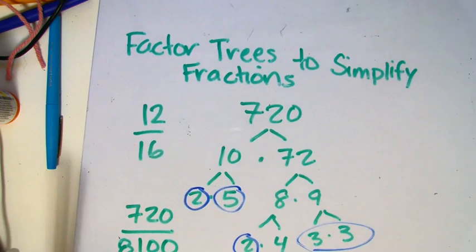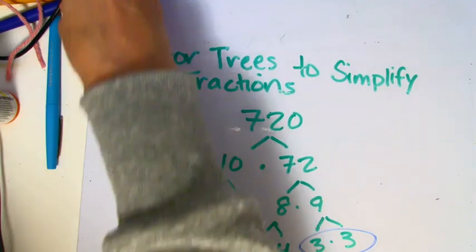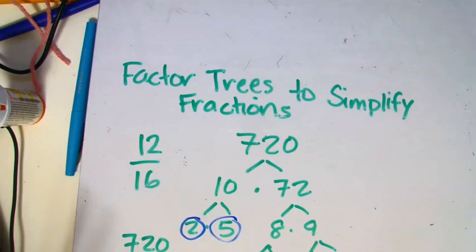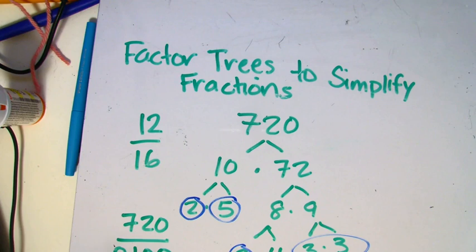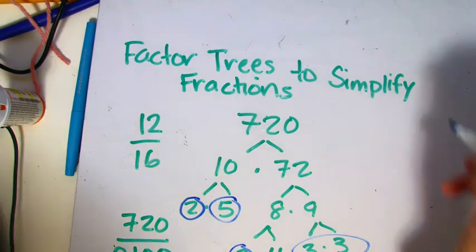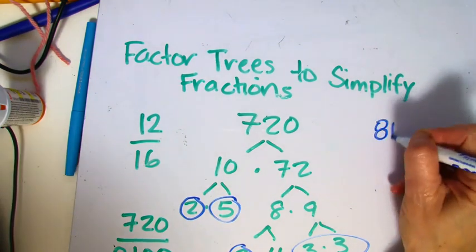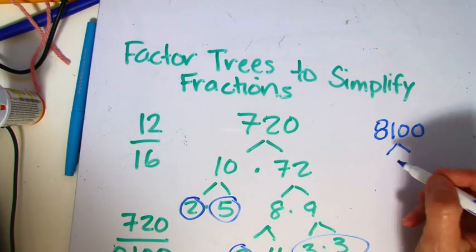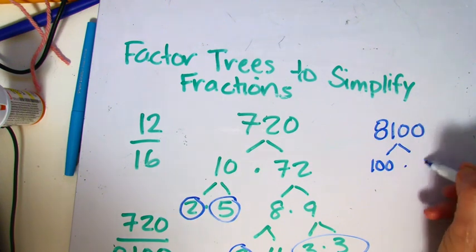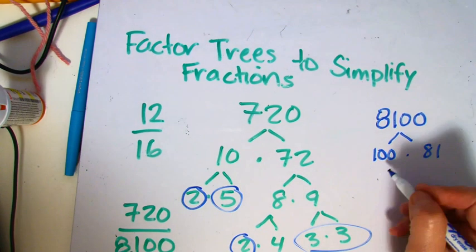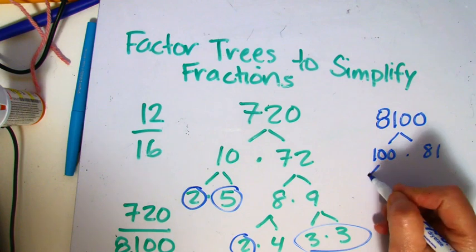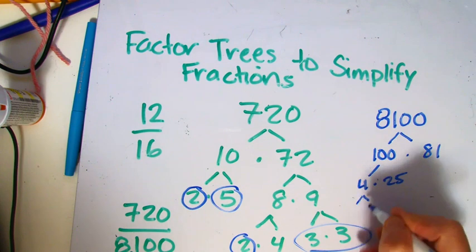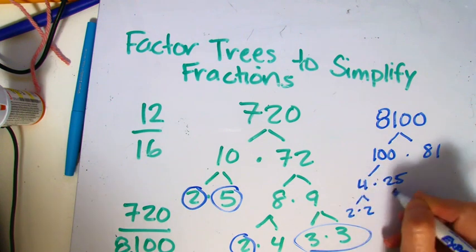So let me go ahead and do a tree for 8100, and I'll do that in a different color. I'm going to say that we have 100 times 81, and I could go 4 times 25, and that will give me these factors here.